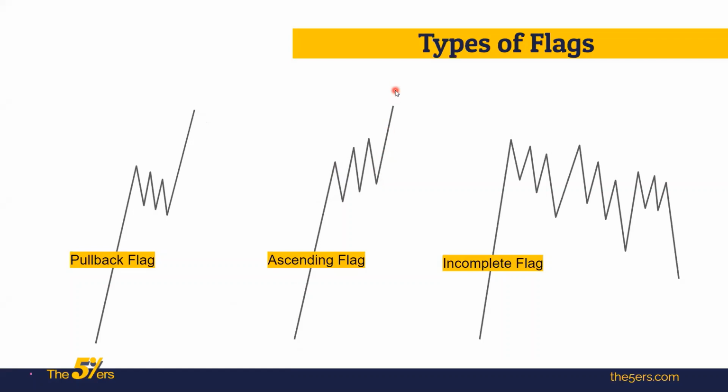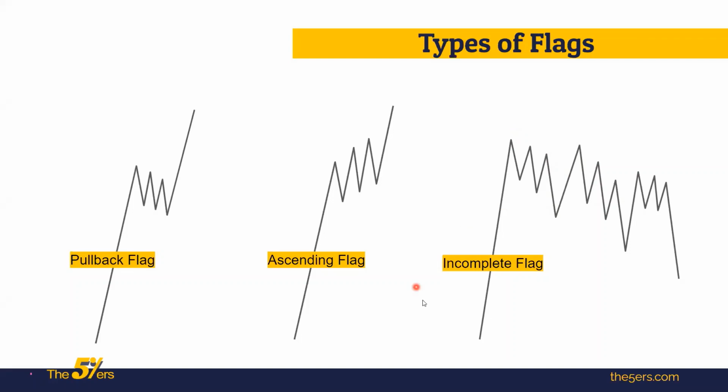And we have an incomplete flag, where we see that the pole is emerging, and then price is consolidating down and breaking, but not actually breaking the top. So once we have this situation, the flag can be very long and it's not actually completed.